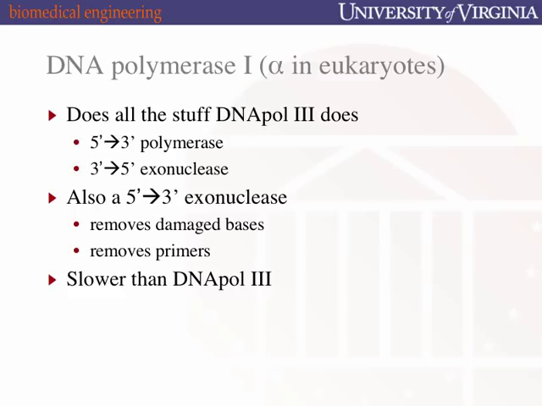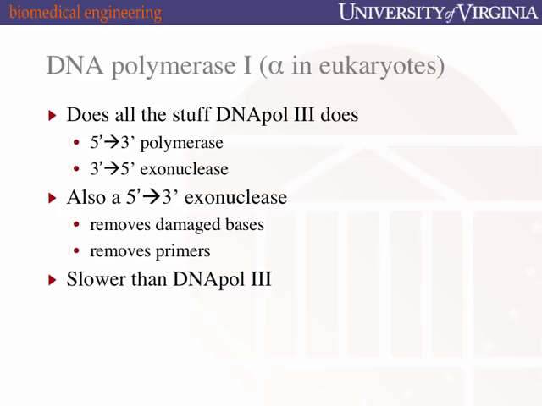So Pol 1 or Pol alpha has many characteristics that are similar to Pol 3 or Pol delta in that it is a 5' to 3' polymerase. It has proofreading activity in the 3' to 5' direction. But the key added feature of Pol 1 or Pol alpha is that it also has 5' to 3' exonuclease activity. That enzymatic activity is spatially separate from these other enzymatic activities that are earlier on this slide.